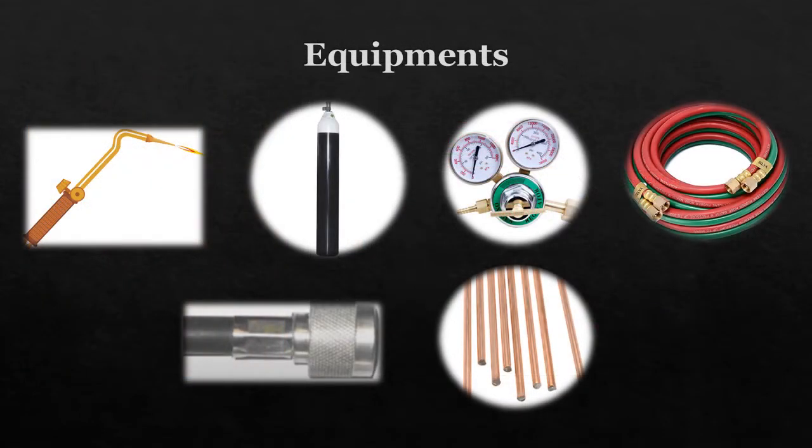Then, the equipment of oxy-fuel gas welding. The first is the welding torch. The welding torch is the most important part of oxy-fuel gas welding. There are valves for each gas which control the flow of gases inside the torch. Then the next is the cylinder. There are two cylinders in oxy-fuel gas welding. The first one is the oxygen cylinder.